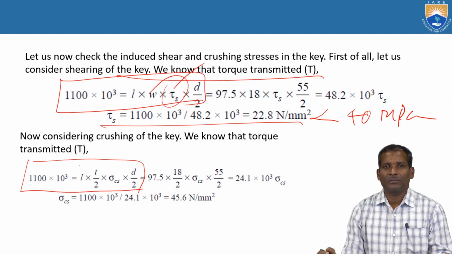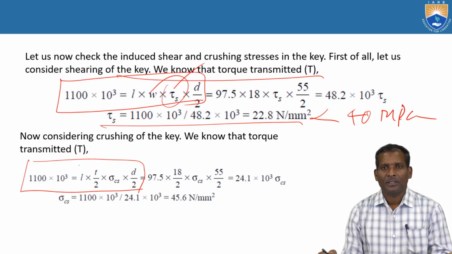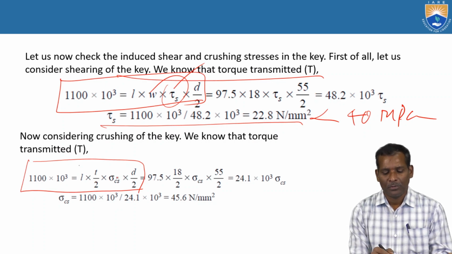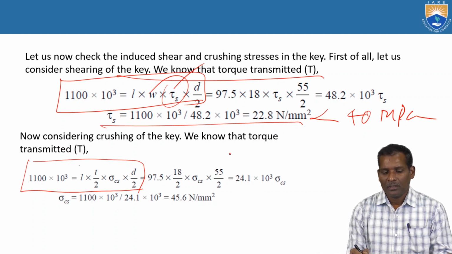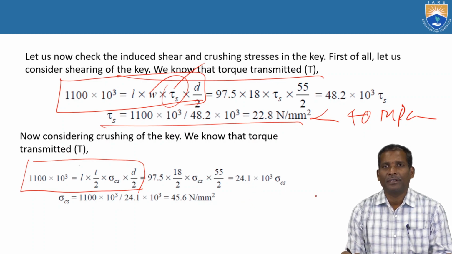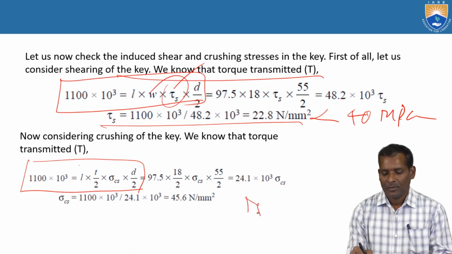Similarly, consider the crushing of the key, and again apply the torque transmitted by the key. T is equal to L into T by 2 into sigma CS into D by 2. Here the shear is in the key lengthwise and width, so the cross section shows width and thickness.